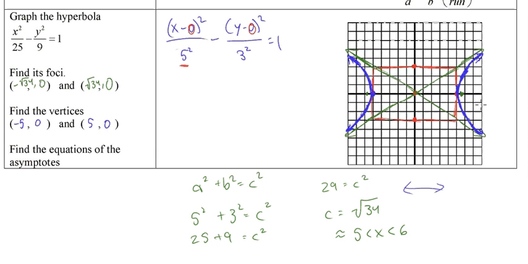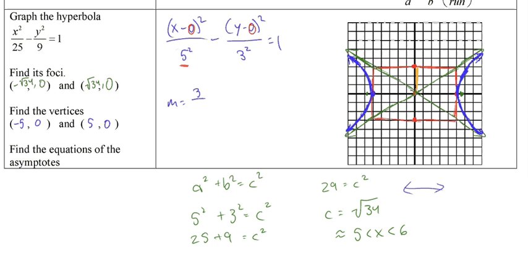All right, now the equation of our asymptotes. What is the equation going to be? Well, let's find our slope first. Our slope is going to be rising 3 and running 5. Hopefully we can see that pretty clearly. And let's not use blue, that was just for the hyperbola itself.